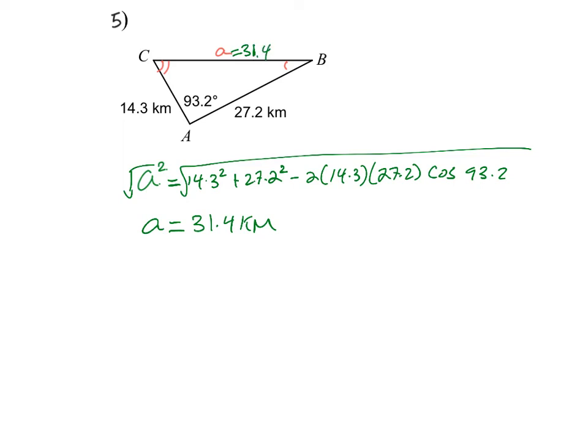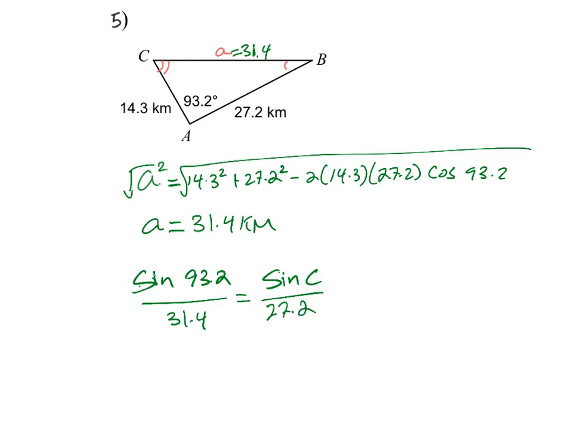So again, now I can find angle C or angle B by using the law of sines. So sine 93.2 over 31.4. So it's sine of the angle over the opposite side equals sine of C over the opposite side, in this case 27.2.